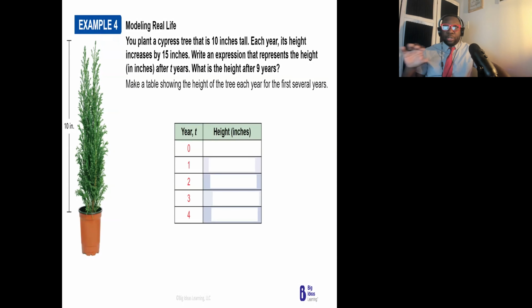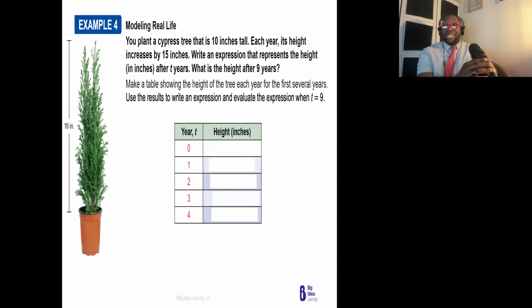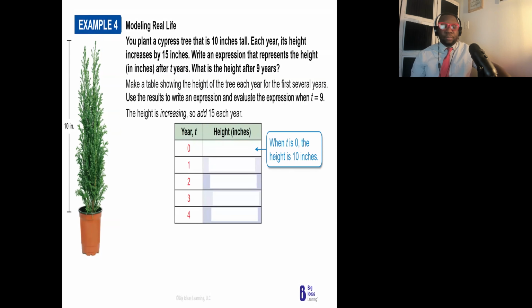After no years, when we just plant it, how tall is it? Well, we're told that the cypress tree is 10 inches tall, right? And that the height is increasing 15 inches each year.